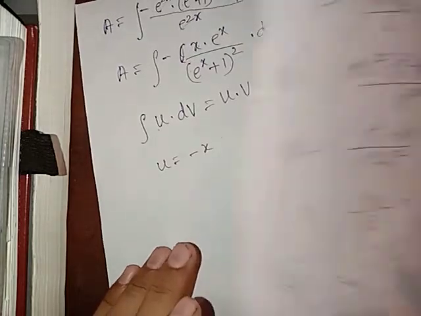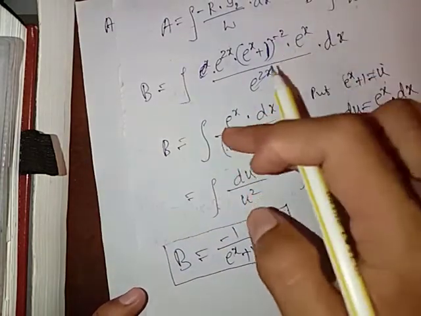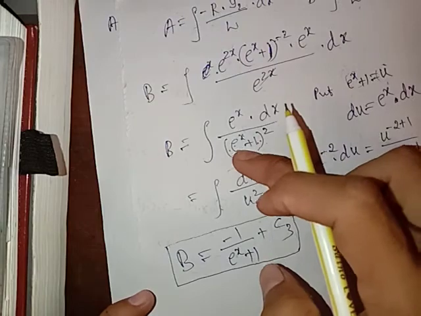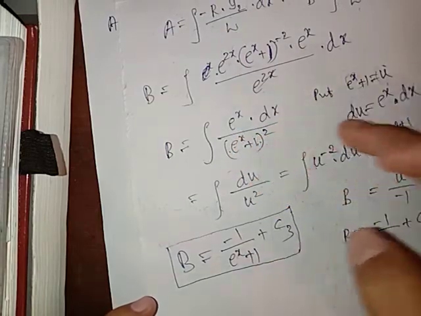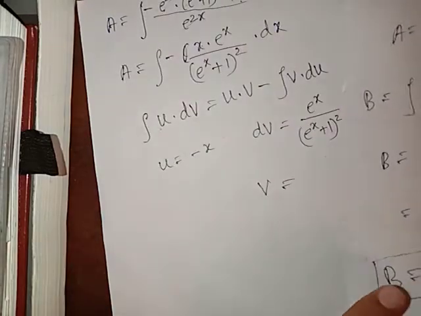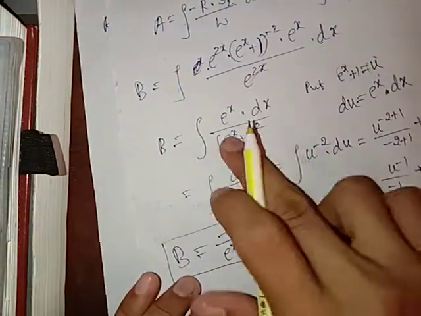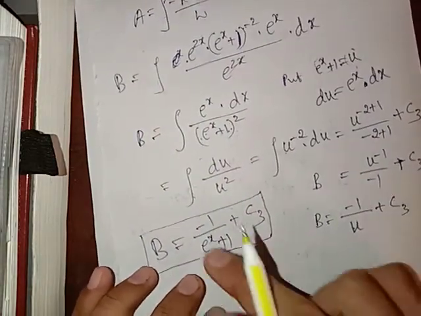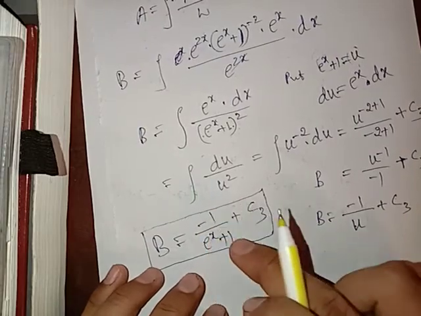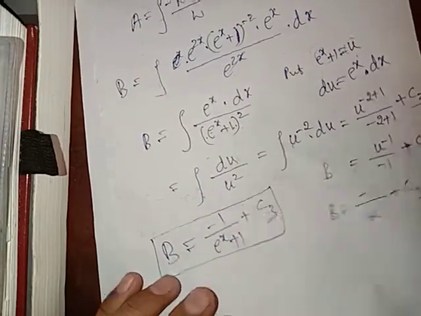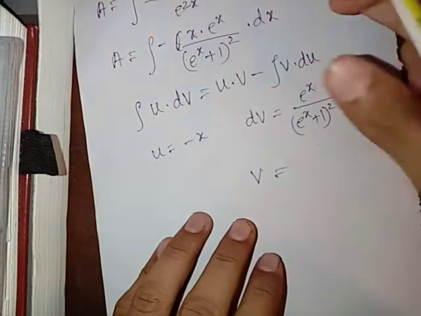We know that the integration of exponential of x divided by exponential of x plus 1 whole squared with respect to dx gives minus 1 divided by exponential of x plus 1. The constant we can put after the integration.